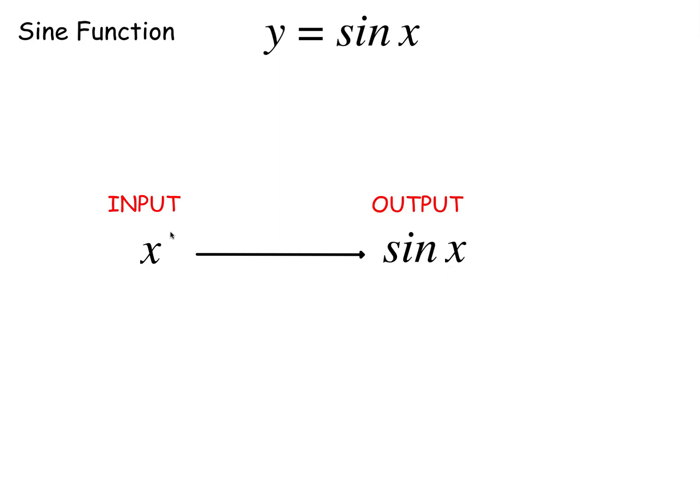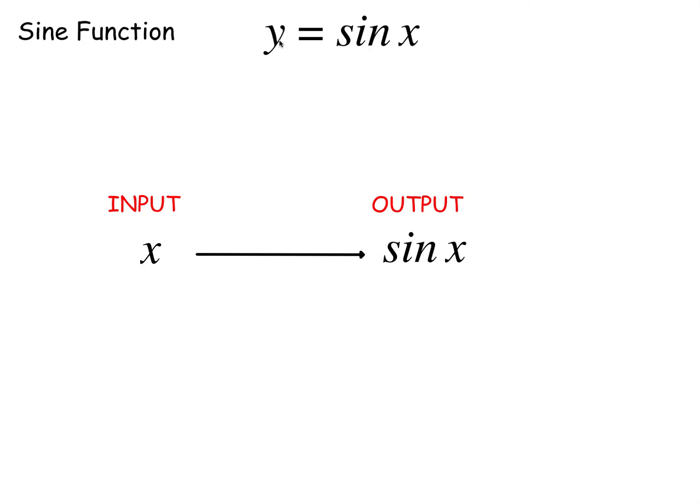So input x, output sine x. If you change x, say by multiplying it by a number, that will affect the x coordinates of the graph. If you take sine x and multiply it by a number, you'll affect the y coordinates, the output.